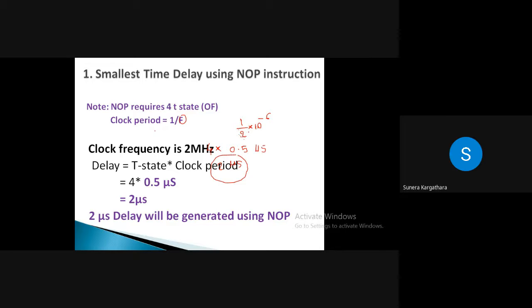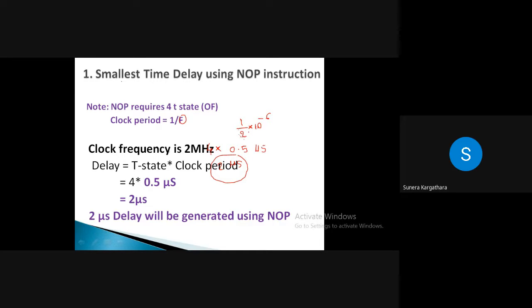This is the application where we have to check how many machine cycles there are, and from that how much time it will require to execute. Your NOP will take only 4T to execute, so ultimately you will be able to generate a 2 microsecond delay through NOP, which is the smallest time delay.